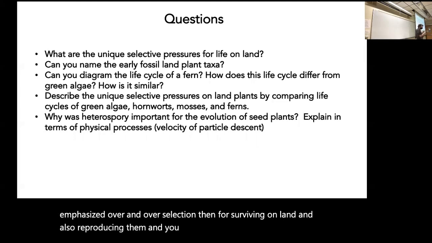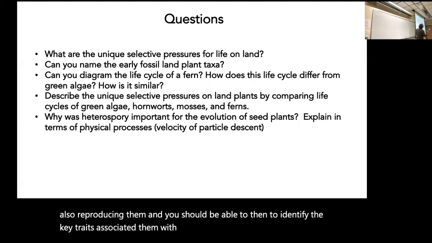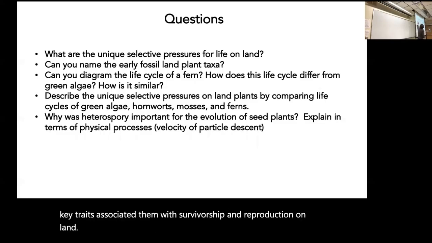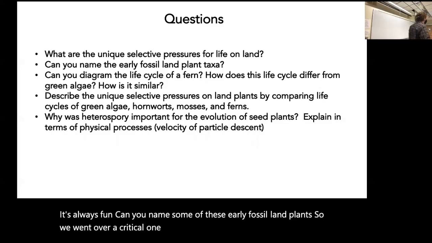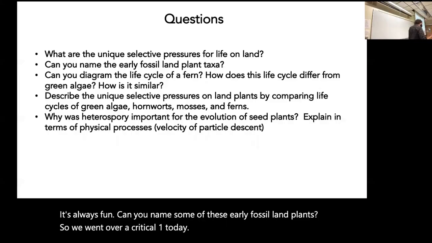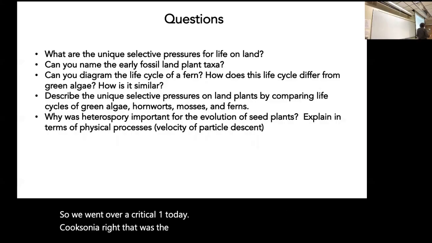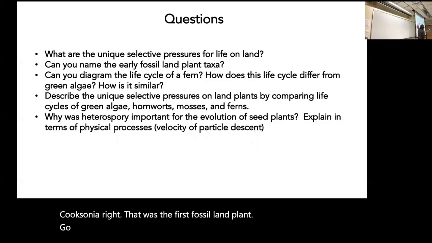Be able to identify the key traits associated with survivorship and reproduction on land. It's always fun. Can you name some of these early fossil land plants? We went over a critical one today, Cooksonia, right? That was the first fossil land plant. Go forward, but identify a few other ones that are really famous.